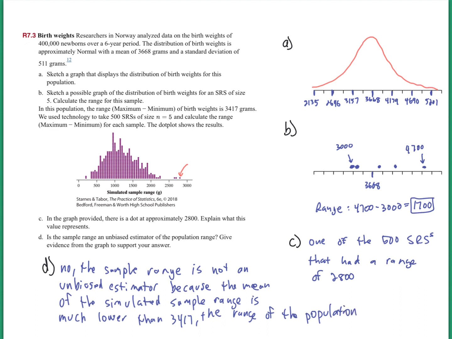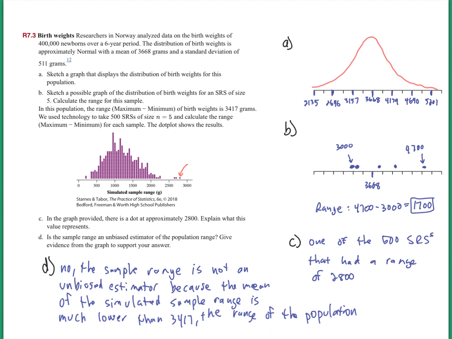Okay, so just saying, if you take all these ranges of 500 different samples, the mean of these is about 1,200. So if it was an unbiased estimator, then we could say the mean of all the ranges of all the samples is the same as the actual population range, but that's obviously not true, and that's really never true for ranges.